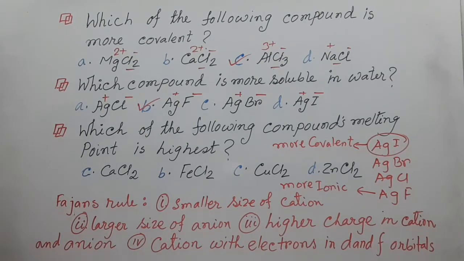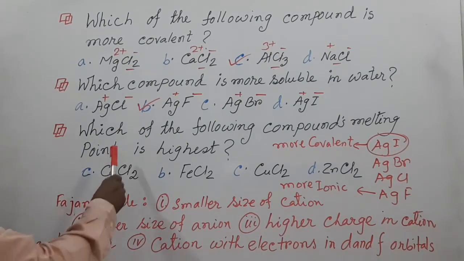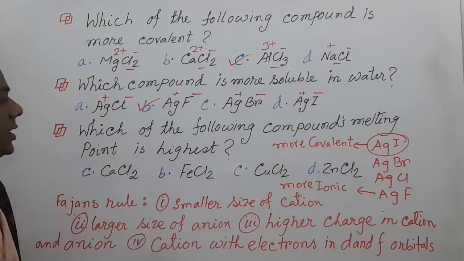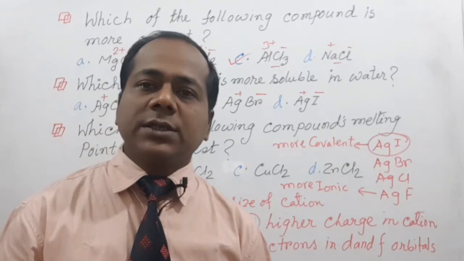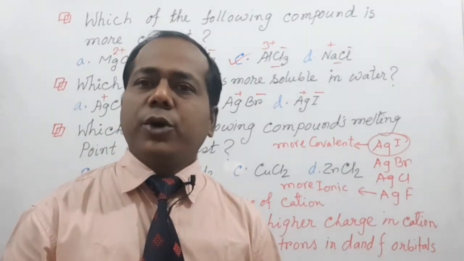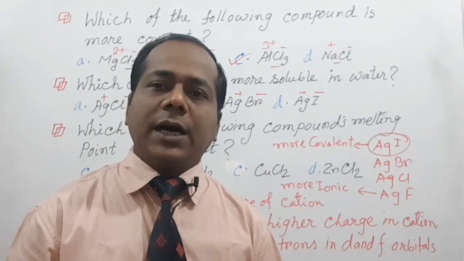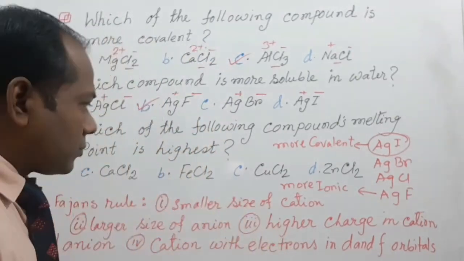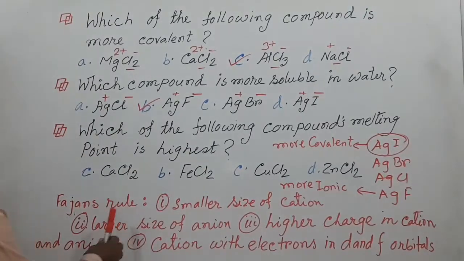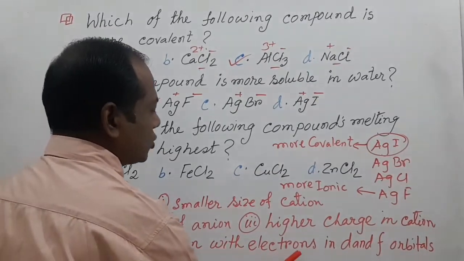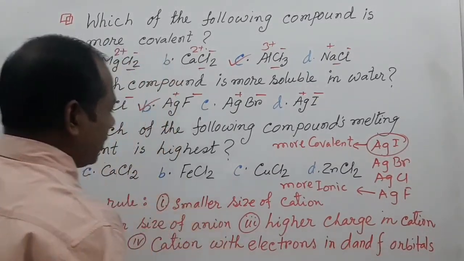Now, my dear students, our next question: which of the following compounds has the highest melting point? My dear students, we know that the melting point and boiling point of ionic compounds are higher. So if we see Fajans' rule, the fourth point, cation with electrons in d and f orbitals.